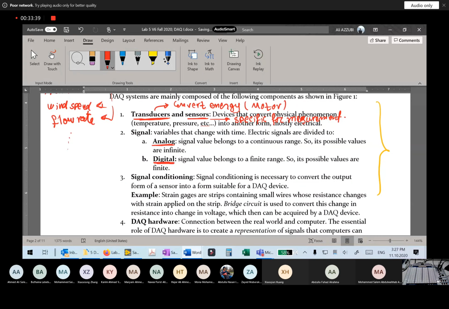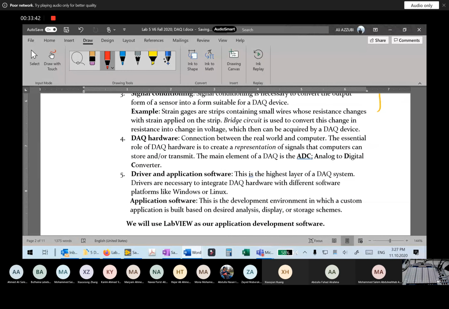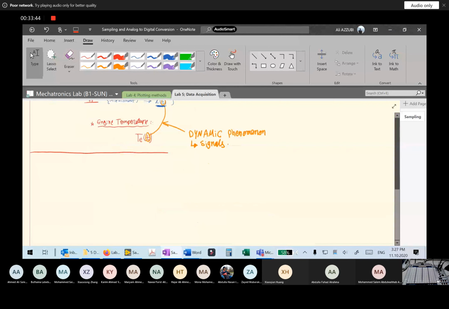This is a theoretical topic, but to keep things in order, I'm going to give you a simple definition of this. So analog versus digital.